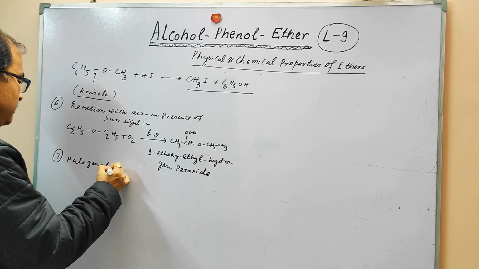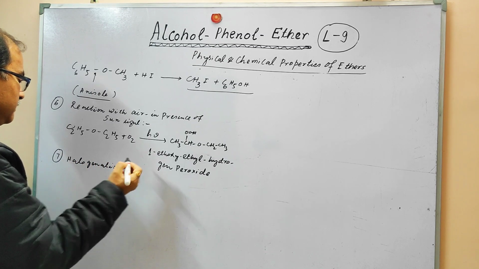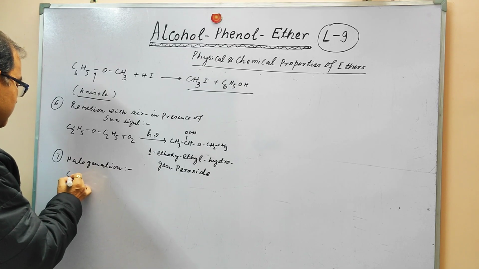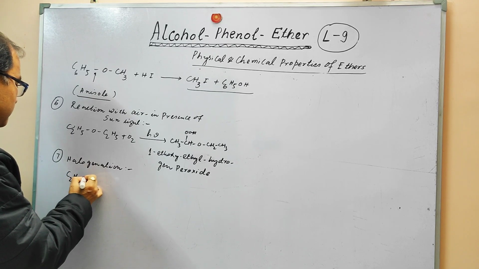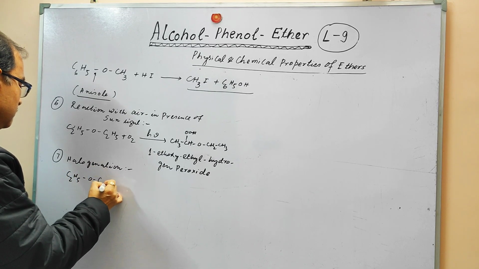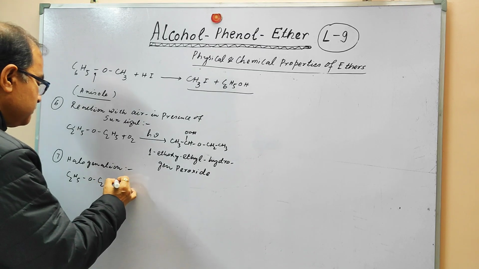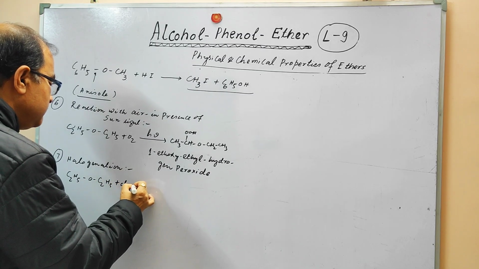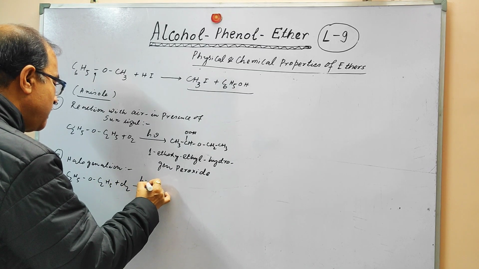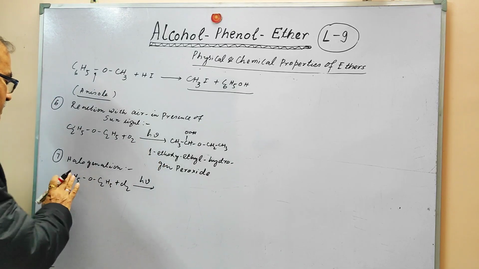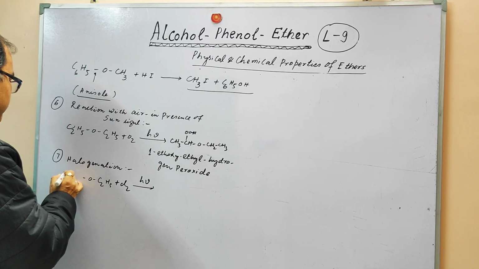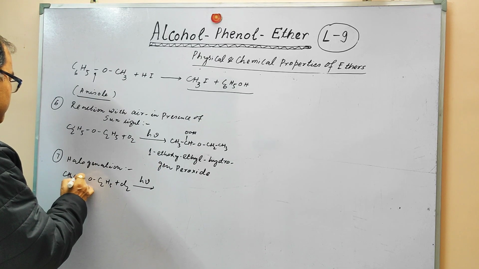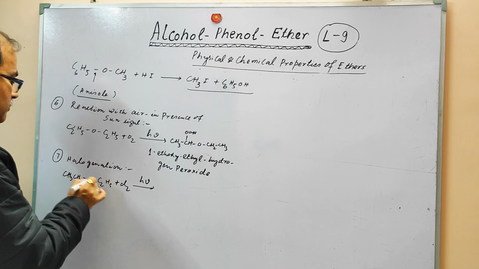The seventh reaction we are going to discuss is the halogenation reaction. When it is halogenated, what is going to happen? Let us understand. We have taken diethyl ether, and in presence of sunlight it is halogenated. This is the alpha hydrogen.